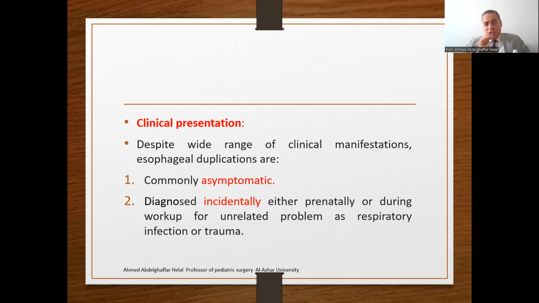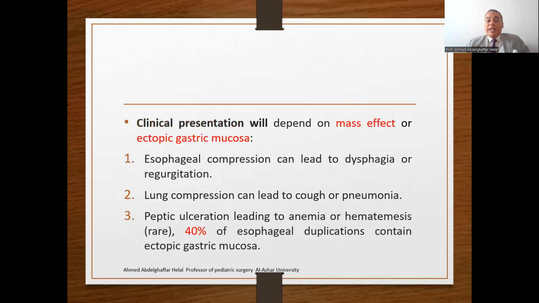So esophageal duplication may be cervical or abdominal, may compromise respiratory function, or may be asymptomatic, or may present with recurrent infection. The clinical presentation will depend on the mass effect, the size, and the presence of ectopic gastric mucosa.